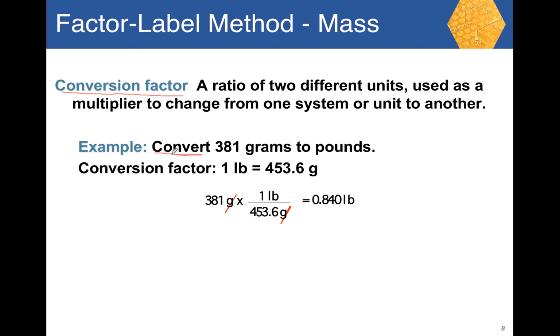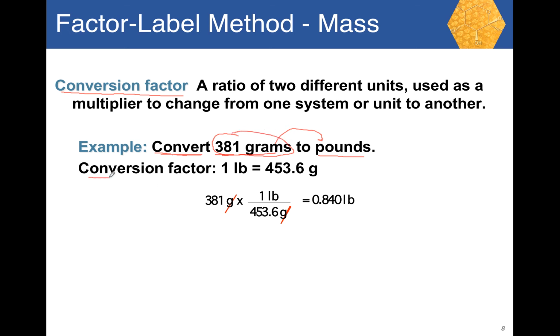Convert. Notice the key word here is convert 381 grams to pounds. So we're doing the reverse now. We're taking the metric system in grams and converting it into the English system, pounds. So in other words, your answer should be X pounds, or some weight in pounds, because what you're given here is the weight in grams.